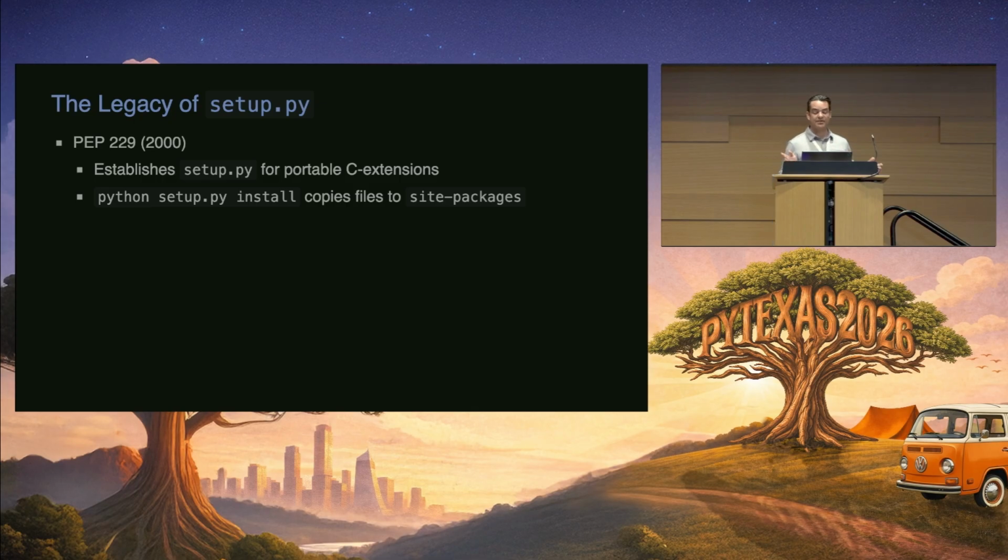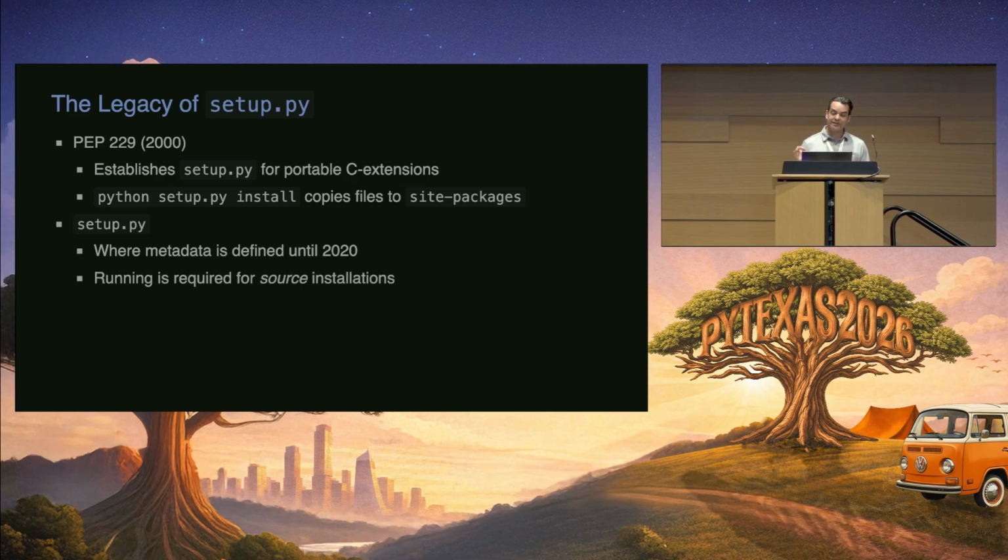Many of us who have used Python for a long time remember this as the main way we used to install things before we had pip. So setup.py continues to be where metadata for a package is defined all the way until 2020. For all that time, that is where metadata was defined, and running that setup.py is required for source installations all the way to 2020.